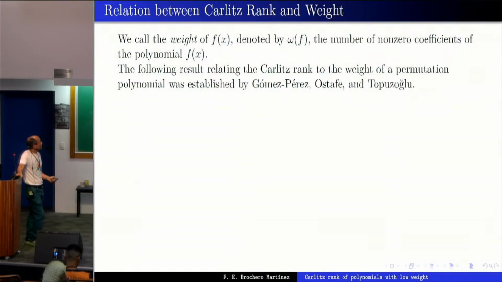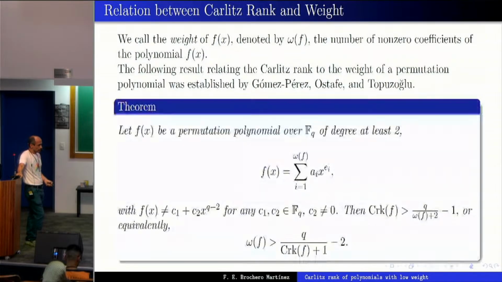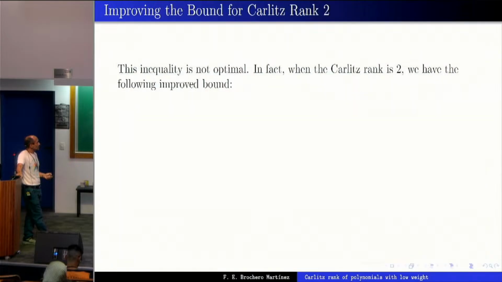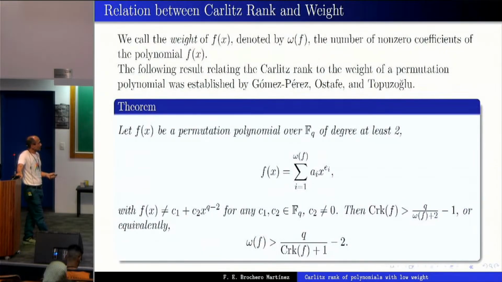This result was found by Gomez-Perez, Stichtenoth, and Topuzoglu, that says that if we have a permutation polynomial of degree at least 2 and this representation, this is the weight, and if the polynomial is different from this binomial, essentially a binomial, then the Carlitz rank is greater than this number, q over the weight plus 2, less 1.